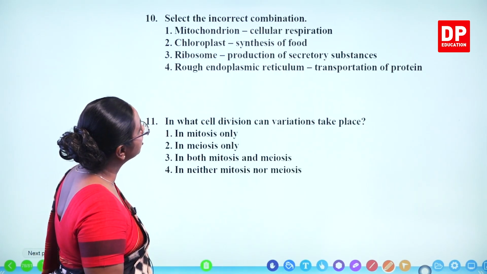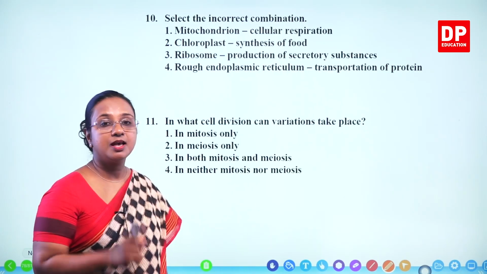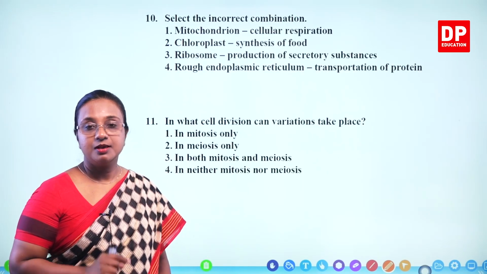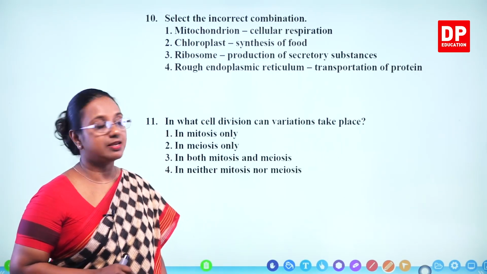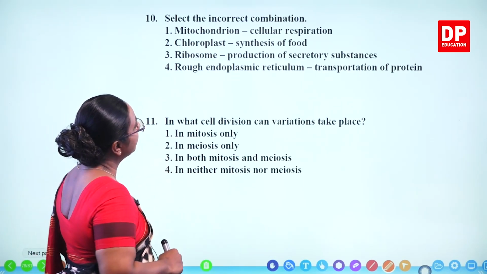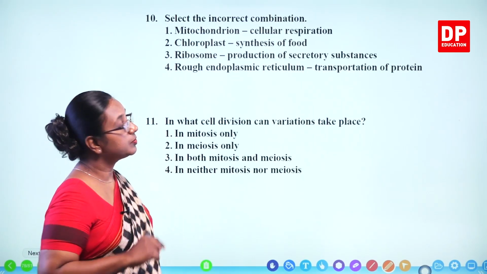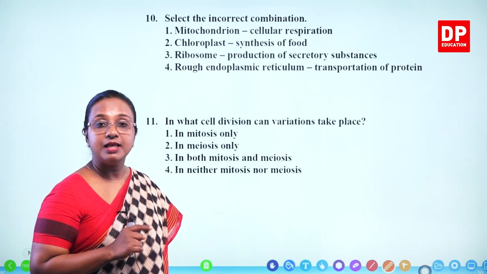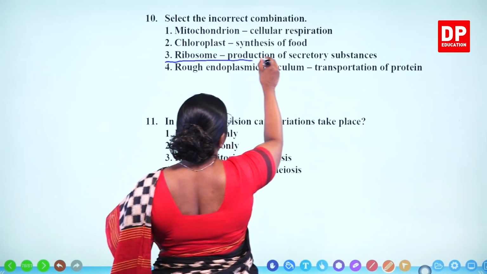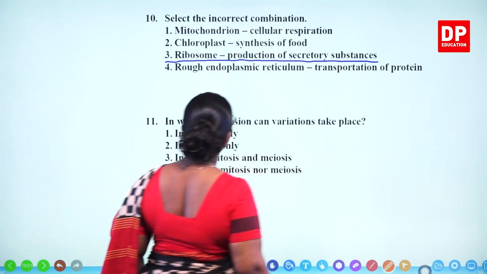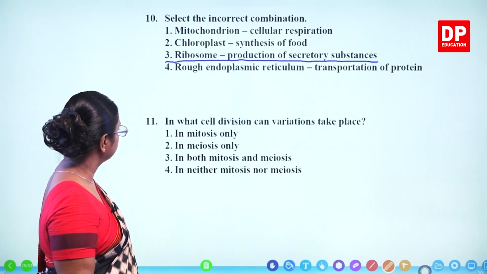Ribosome, production of secretory substances. That is not correct because in ribosomes, protein synthesis takes place. Rough endoplasmic reticulum, transportation of protein. That is also correct. So, the answer will be ribosome, production of secretory substances.